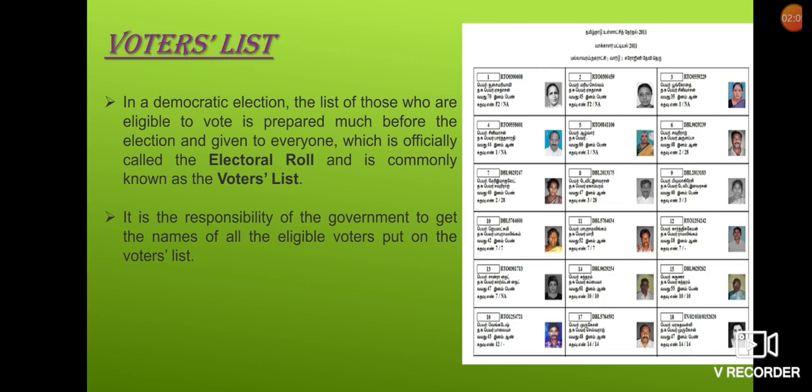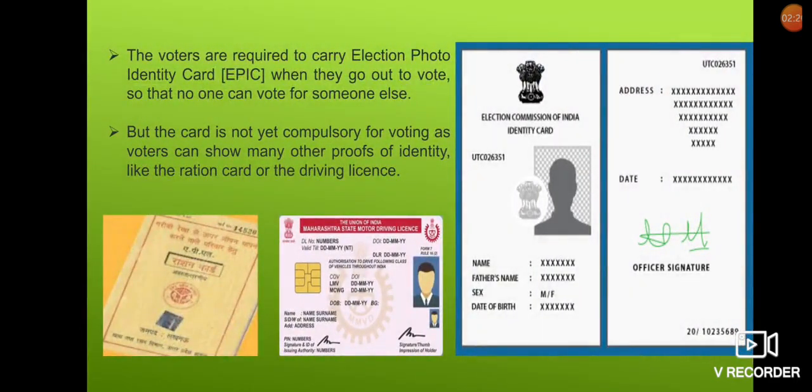It is the responsibility of the government to get the names of all the eligible voters put on the voters list. The voters are required to carry election photo identity card, EPIC, when they go out to vote so that no one else can vote for someone else.